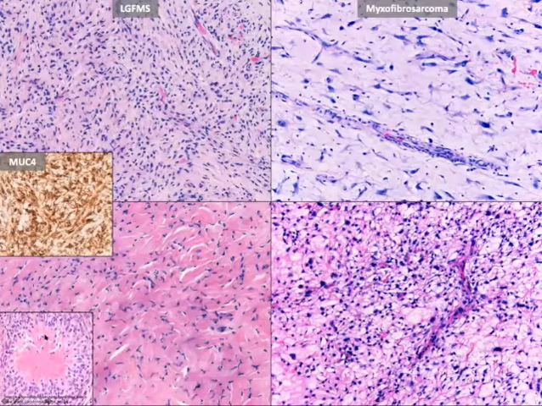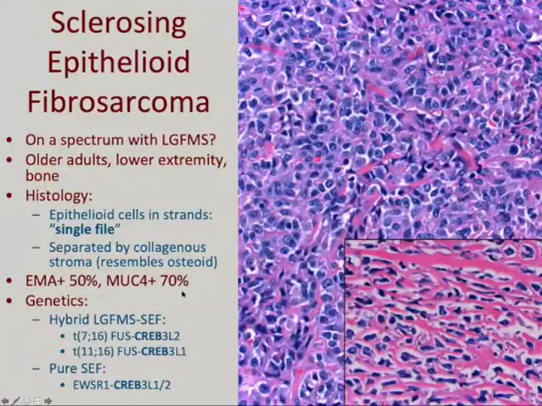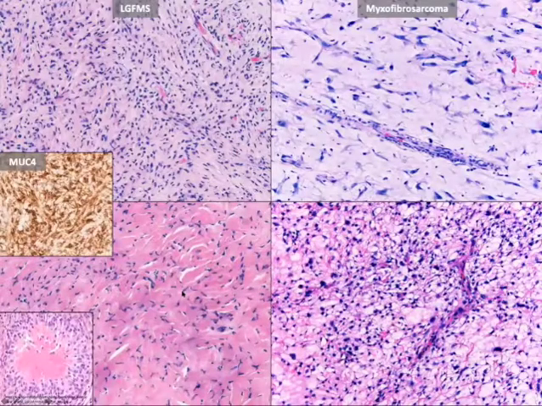Low-grade fibromyxoid, as I said before, is defined by that gene rearrangement, but you can also test for IHC, for EMA and MUC4 before you go probing for the genes, right? So this is an easy test to do to consider LGFMS. Myxofibrosarcoma, of course, would be negative for the IHC and the gene rearrangement. Myxofibrosarcoma, you would grade, just like you would grade any other soft tissue sarcoma, by the French system.